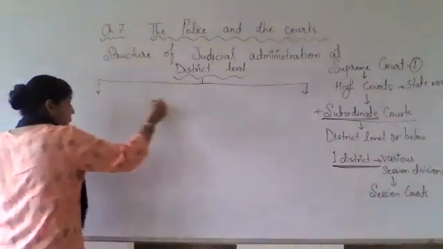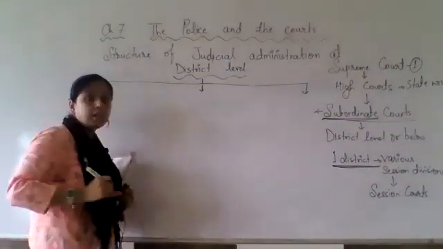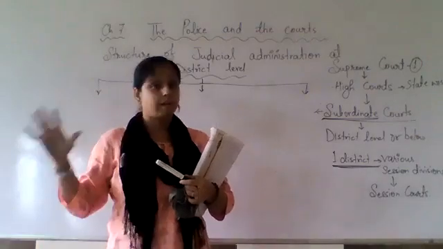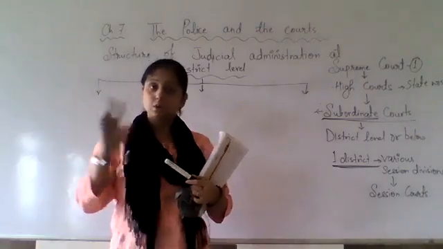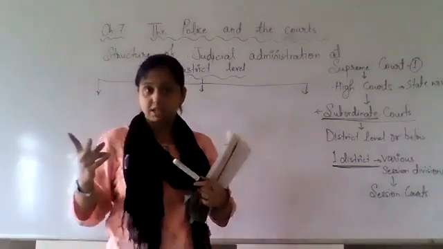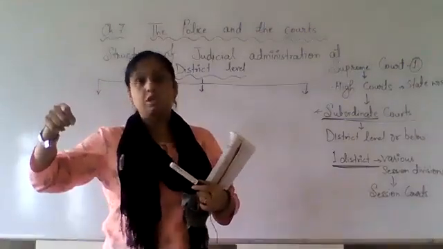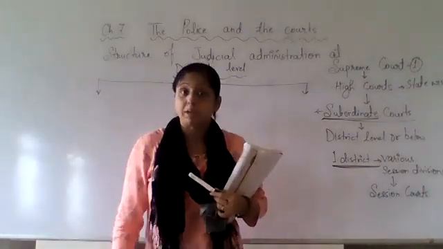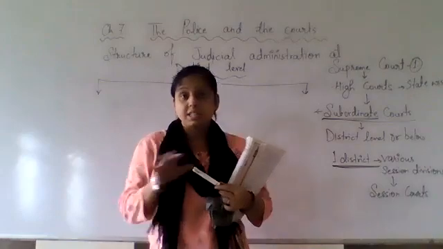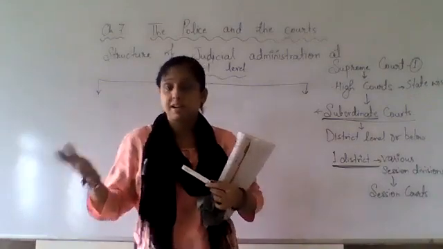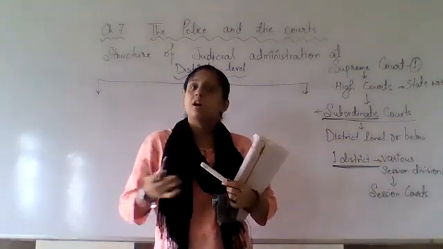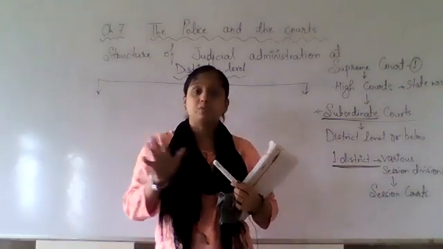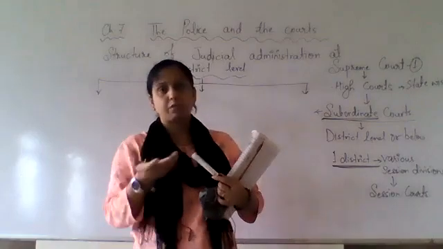Now see, basically in your book, it is divided into civil and criminal. Okay, you know that we have two legal branches, civil branch, criminal branch. In civil branch what happens? The cases related to the land, related to the property, related to the marriage, if it is not related to violence, related to divorce and all.